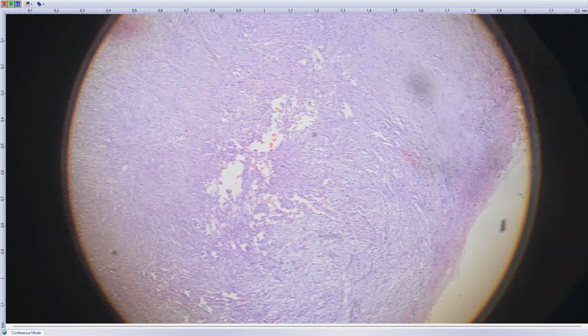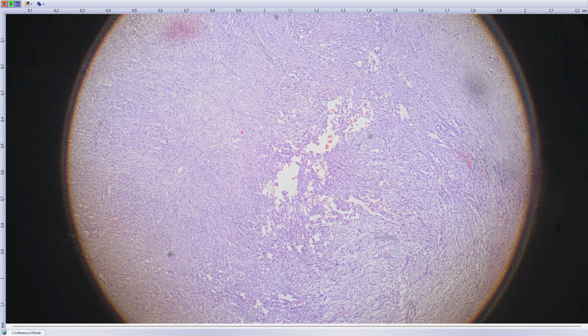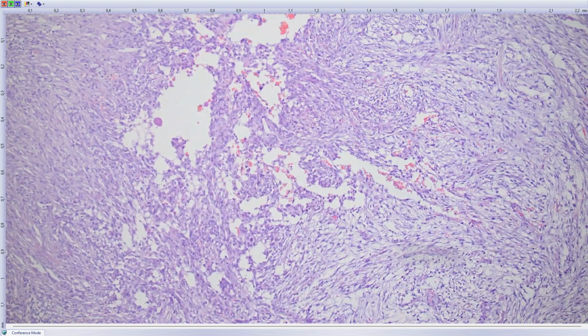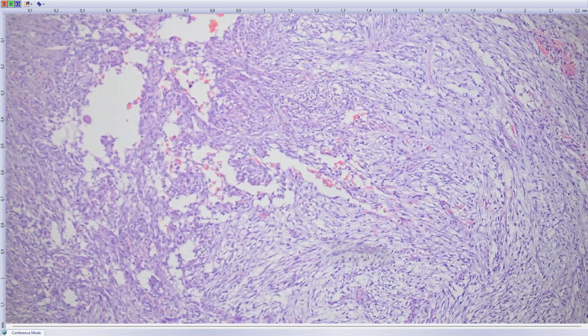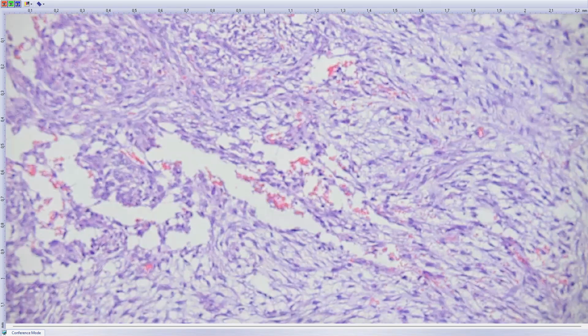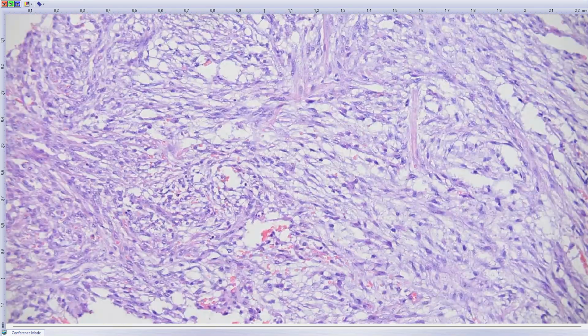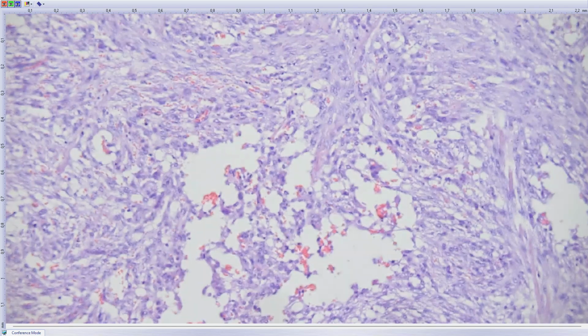And the key to the correct diagnosis are these areas where you have so-called pseudocystic spaces. So the separation of the tissue with extravasated red blood cells. This is almost a textbook example here in the center or here.